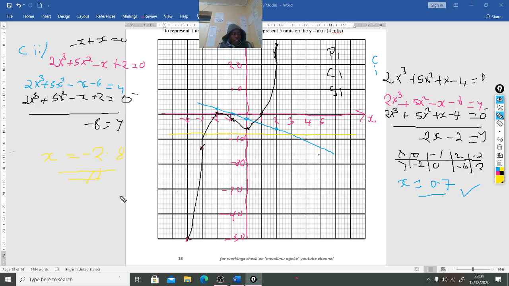So you realize that is where it cuts the x. So that is how you solve the questions on a graph. Graph questions are very simple and easier to solve. So that is how you do it. Then you score your marks, simple as that.